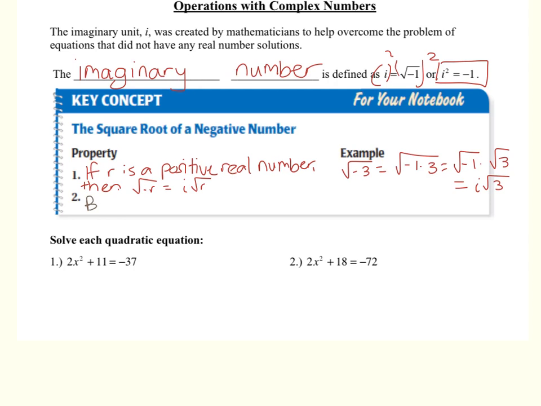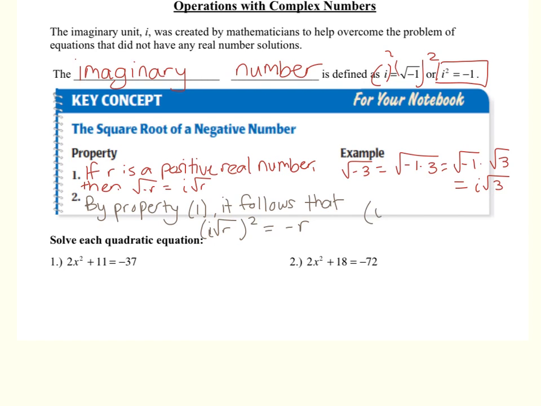By property 1, then, it follows that i square root of r, squared, is equal to negative r.